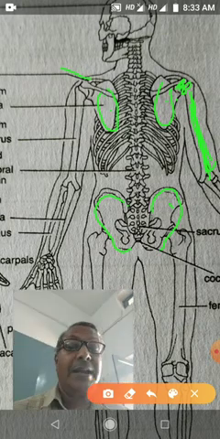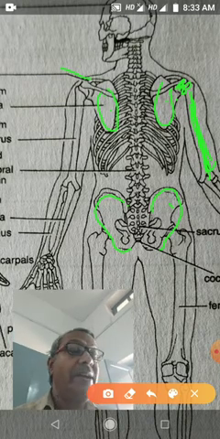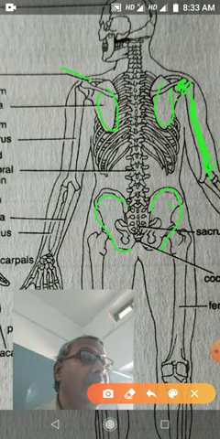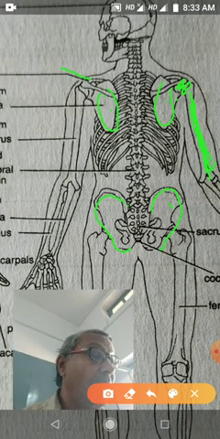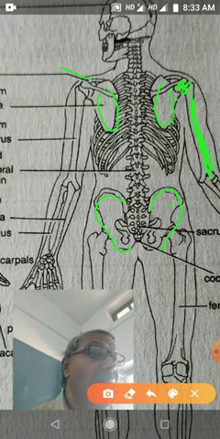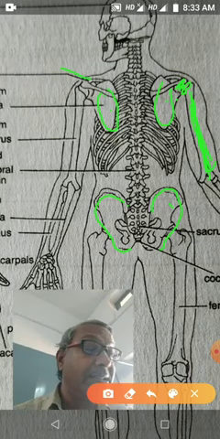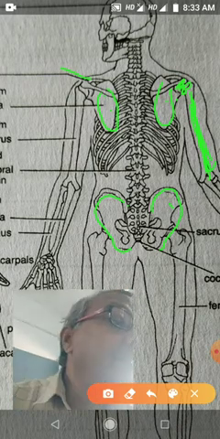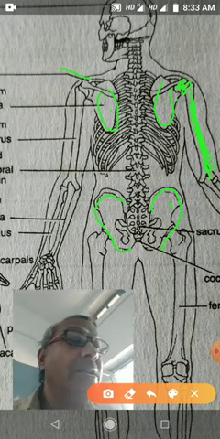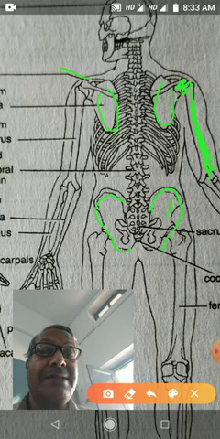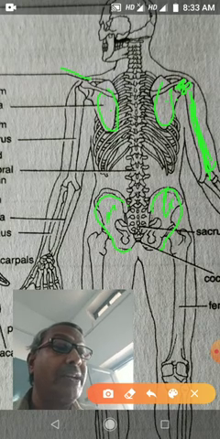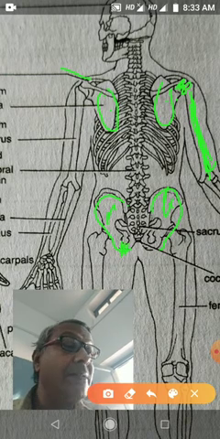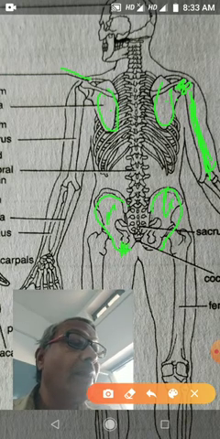This pelvic girdle or hip girdle is made up of many bones, and the bones of the hip girdle are the innominate bone, and on their lower side, these are the pelvic bones.